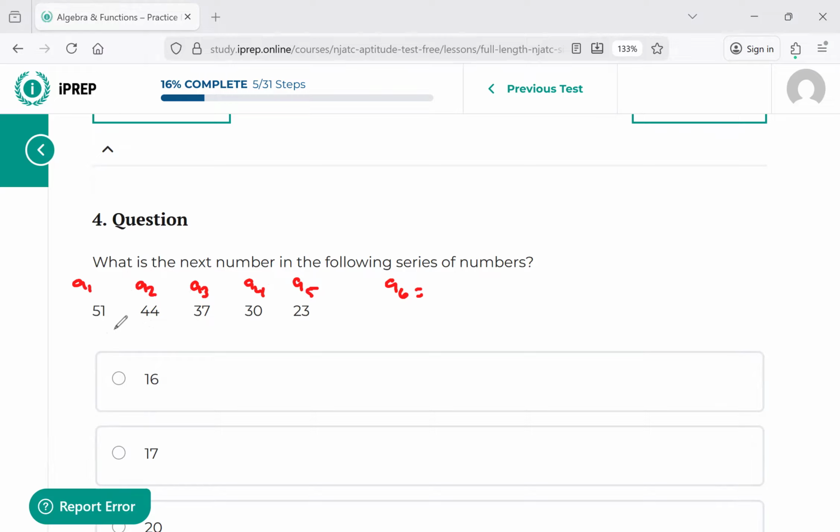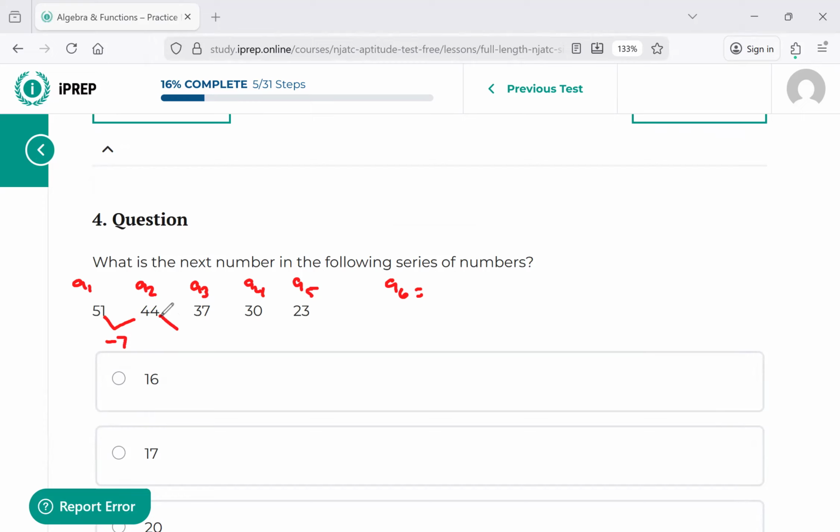So let's ask ourselves, will we have a common difference? From 51 to 44, what did you have to add or subtract? I think you had to subtract, a difference of -7, right? 51 to 44, we subtracted 7.